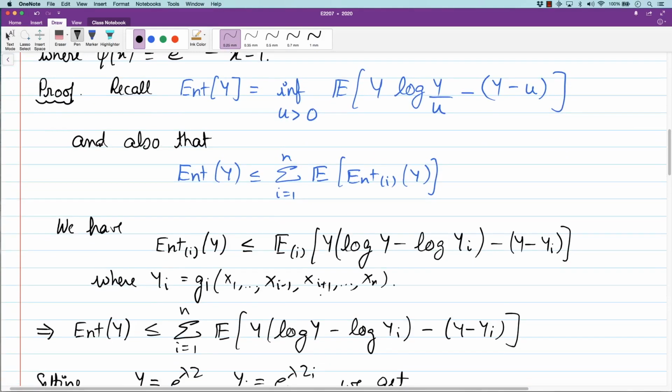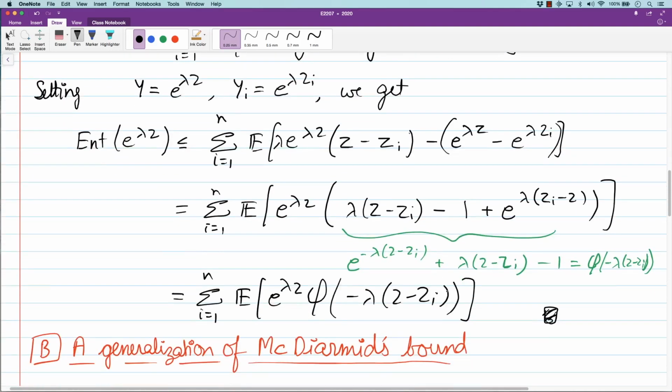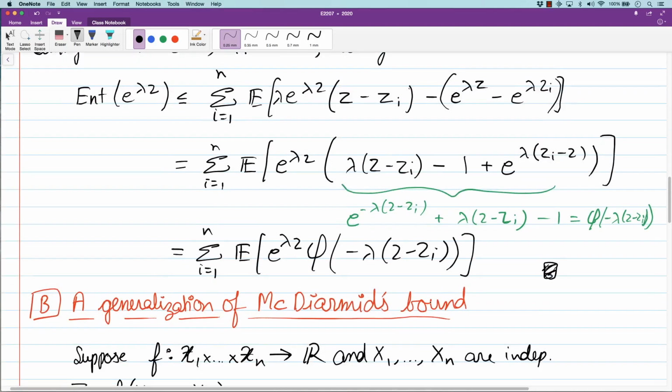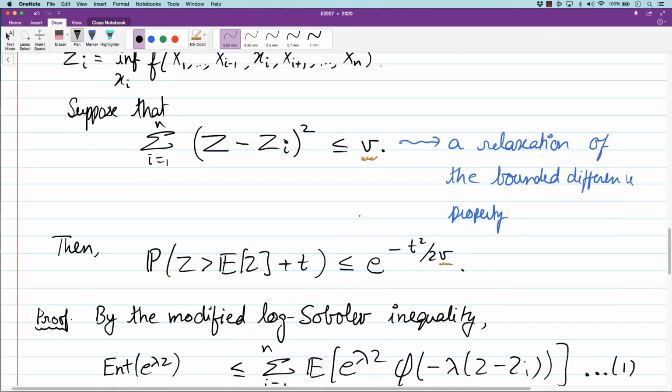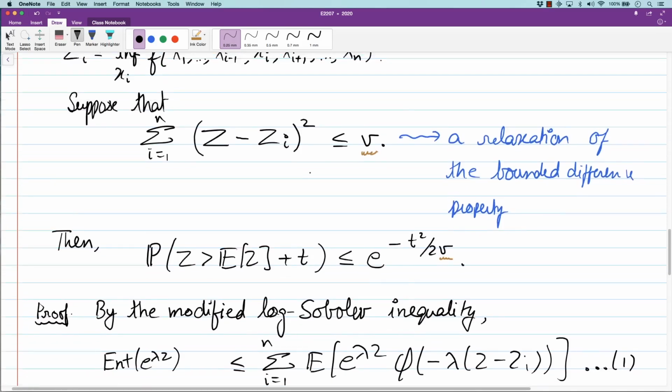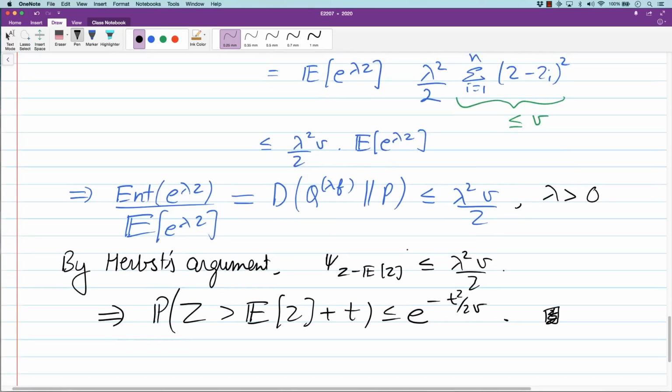We did prove one such bound using a variational formula for entropy, which we saw in the middle. Then we obtained this nice inequality, which is called the modified log-Sobolev inequality. For the function phi that we obtained, we were only looking at one-sided tail bounds, and therefore for that direction we used an approximation for this phi.